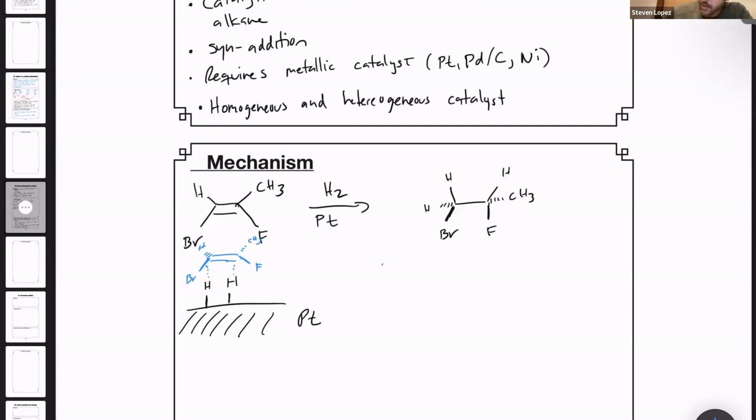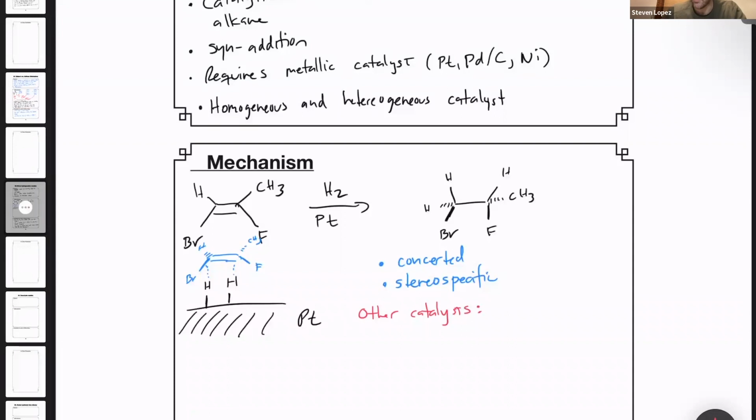So this reaction is also concerted and stereospecific. Remember that stereospecific means that the stereochemistry of the reactants control the stereochemistry of the products. And oftentimes we have only one stereoisomer that's formed as a result of this stereospecificity.